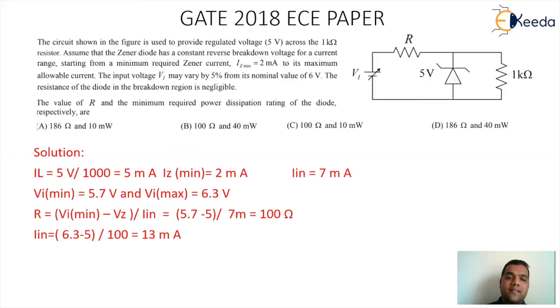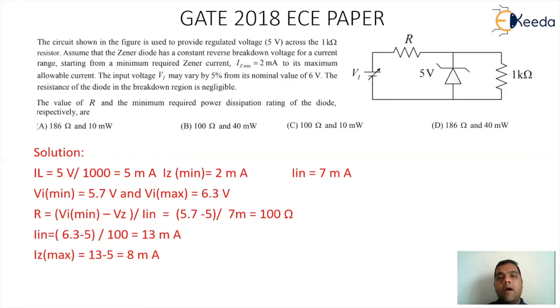We got the input current as 13 milliampere. So if 13 milliampere is the input current, that is the current coming from the source point, and we know the value of load current as 5 milliampere, we get the maximum possible value of Zener current, that will be 8 milliampere.